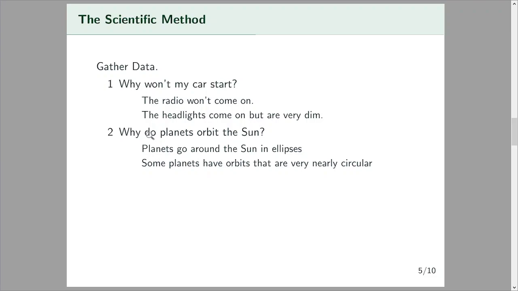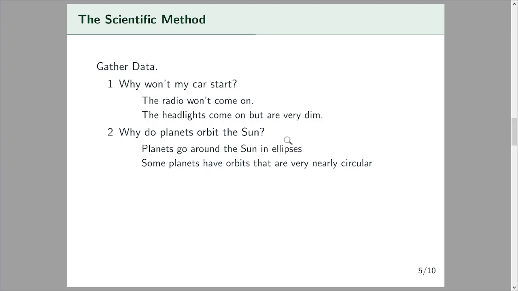Similarly, if you're studying why planets orbit the sun, you might start gathering data about that. Well, it looks like they go around the sun in ellipses. It took us a long time to figure that out, and by us I mean humans. It was Johannes Kepler, a German, a contemporary of Galileo, who deduced these ellipse shapes.